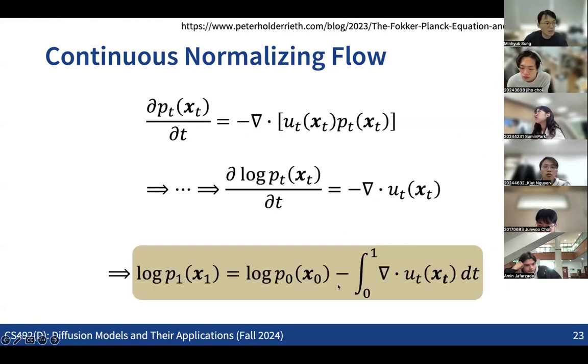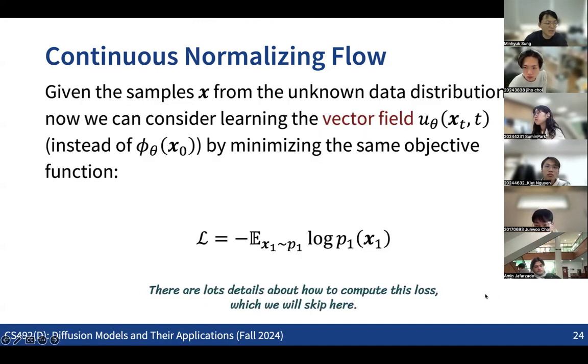But the main challenge in learning it is that it involves solving the ODE formulation. Every time we compute the log probability of each sample x1 here, we need to solve the ODE formulation. That takes tons of time in training. So that's the bottleneck in terms of how we can learn this vector field, which can be another representation of our generative model.